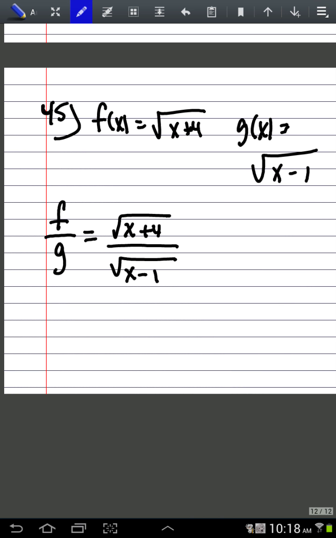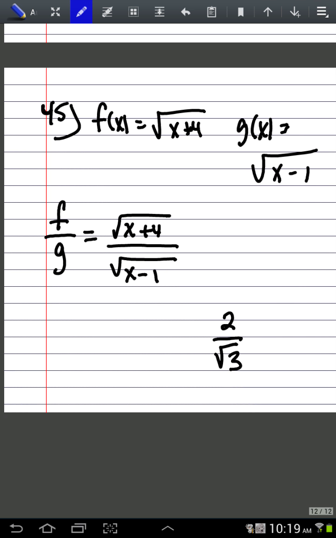Okay, now let's talk about, can I leave that and just be done with it? You can't have a radical in the denominator. It's not the simplest form. So what's that process of getting rid of it? Whatever's on the bottom. Okay, so let's do an easy one real quick to review.